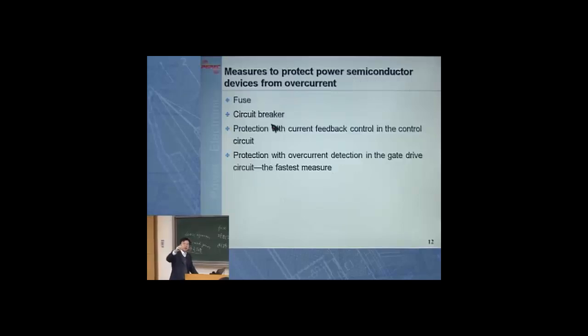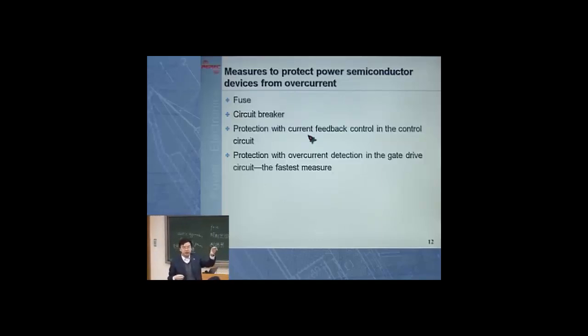Once there is overcurrent happening, we turn off, trip off the circuit breaker so that this current will be limited. Okay, that's the second measure. We can use control. We have learned feedback control. We can measure the actual current we want to control.